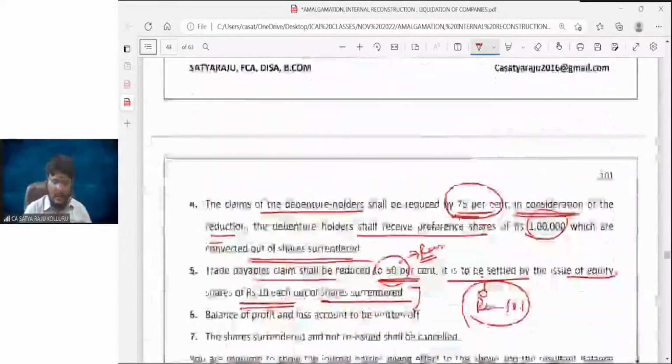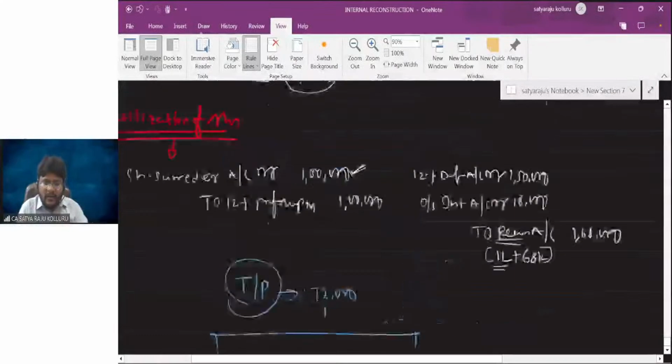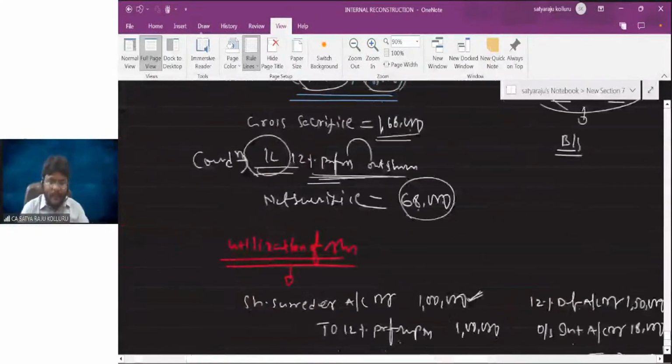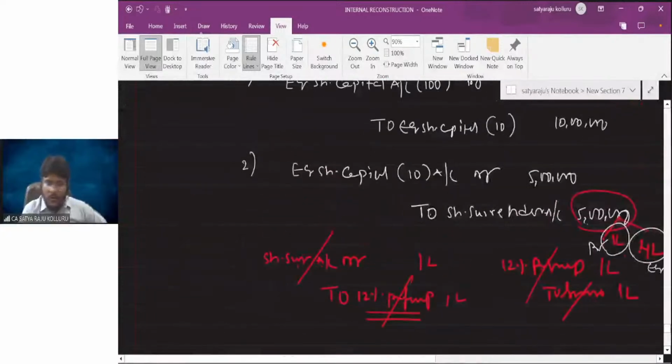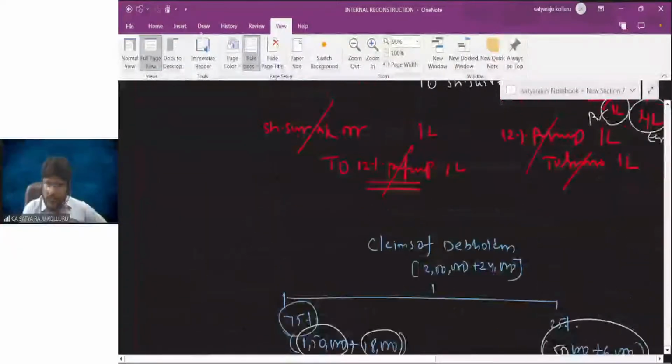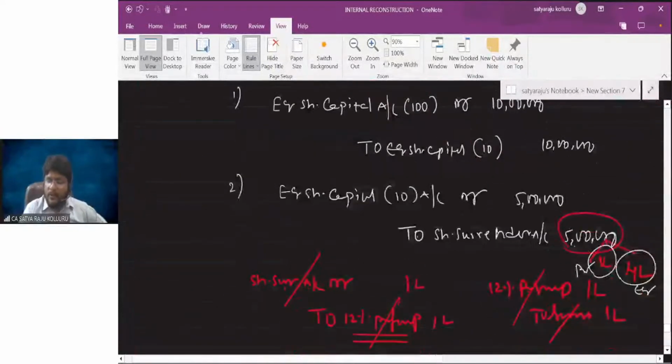Nothing. Come down. Balance of profit and loss account is to be written off. The shares surrendered and not reissued shall be cancelled. Sir, if you check in share surrender, total how much balance we have? Here, in share surrender we have 5 lakhs, which we initially created.